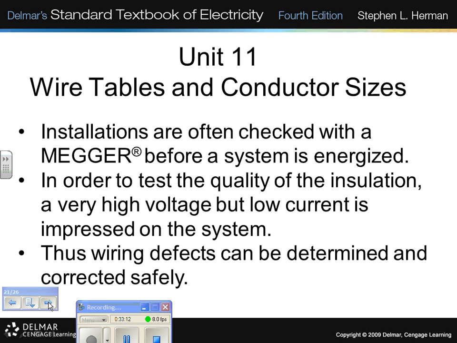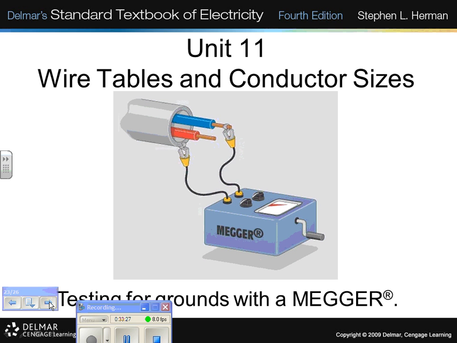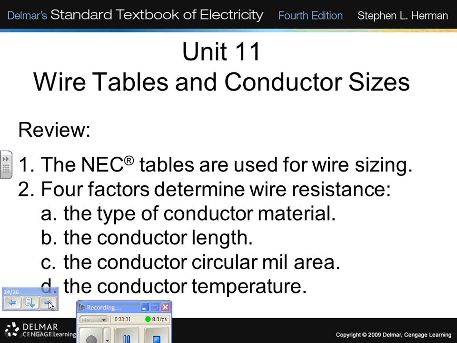A megger is okay for that, but if I want to know about leaks, I'm going to use a hipot, not a megger. Tested for shorts, you can do that with a megger. It's not going to show you all shorts at high voltage, though. So it's only going to show you certain kinds of leaks.